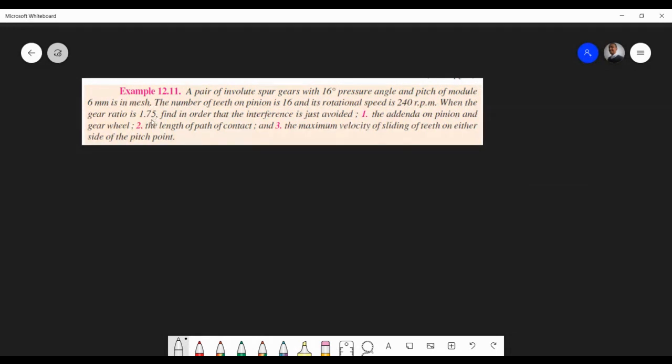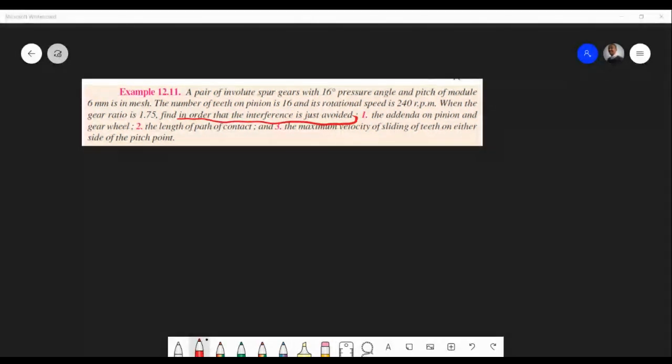When the gear ratio is 1.75, find, in order, the number of teeth on the wheel such that interference is just avoided. So when you see this, you know you must use those formulas.